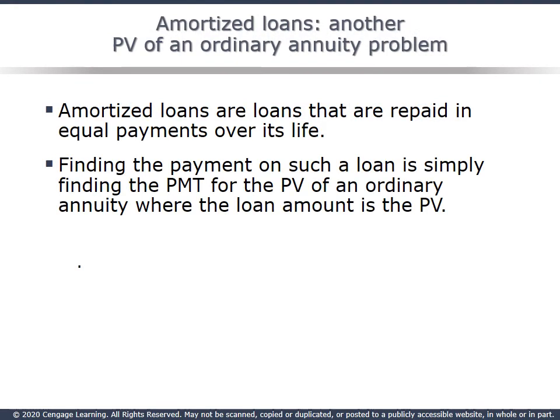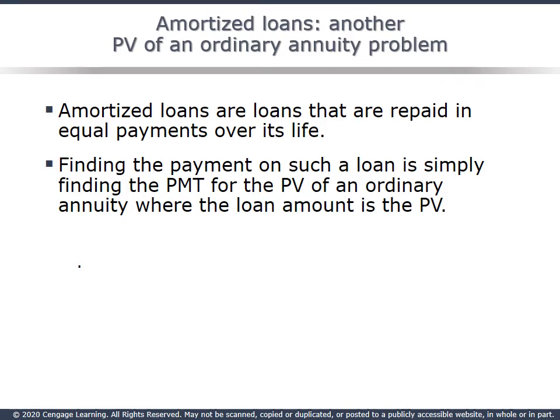Now, an offshoot of finding the present value of an ordinary annuity is finding the payment on an amortized loan. An amortized loan is a loan that's repaid in equal installments over its life. So something like a fixed rate mortgage is a fully amortized loan.